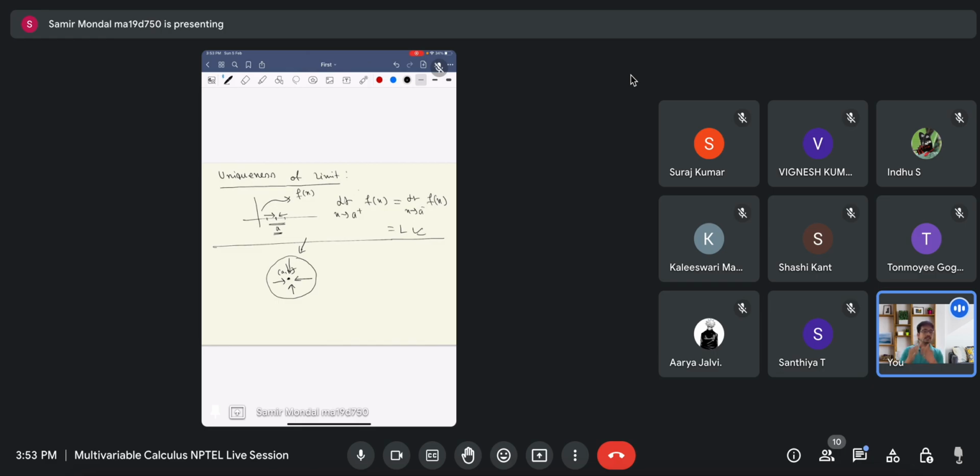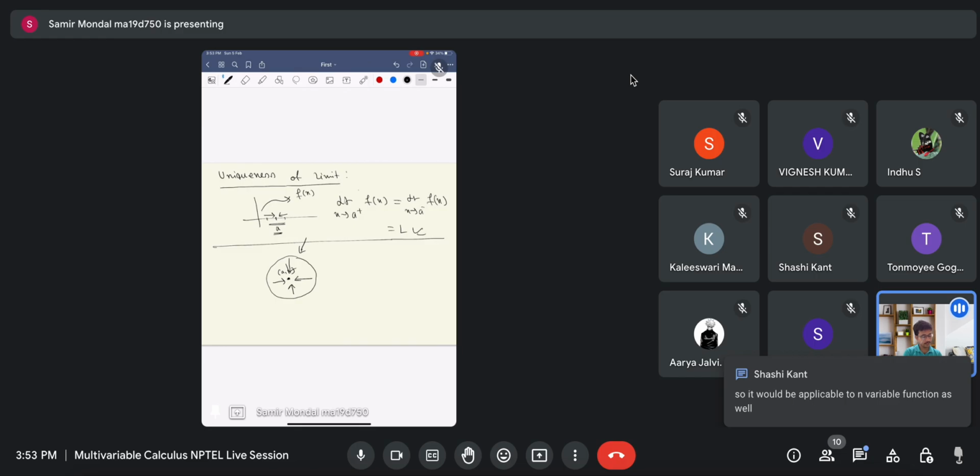The same concept is true for a two variable function also. For a two variable function, when we approach a point (a, b) from any direction, suppose the limit of the function exists, then when we approach from any direction, in every direction the limit of that function should exist, and all should be equal to the limit of the main function.